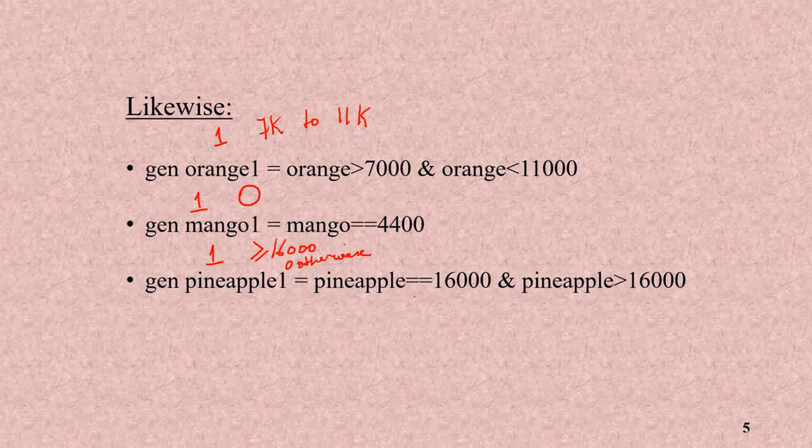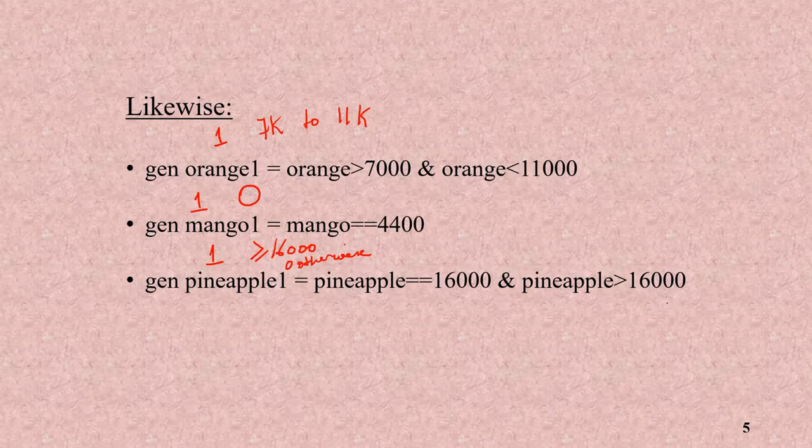Now already I have told you that to define the exact value we need to use equal sign twice. So for exactly equal to 16,000 we need to type twice equal sign, then 16,000, space, ampersand sign, space, again select the old variable pineapple, and the other condition is greater than 16,000.